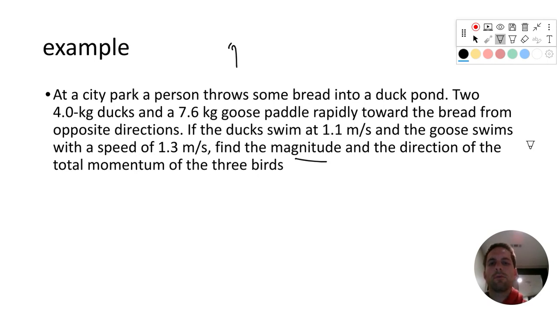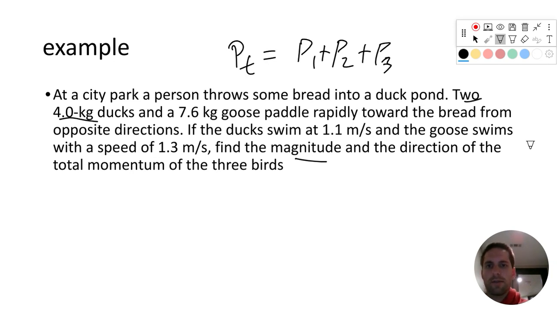And this is total momentum. Notice we have 2 separate masses, or 3 separate: p1 plus p2 plus p3. But the ducks we can add together because there's 2 of the same. It says 2 ducks, they have the same mass, and a goose.